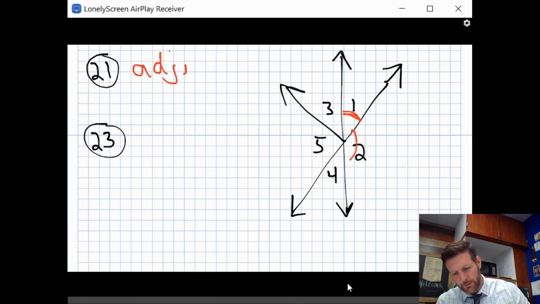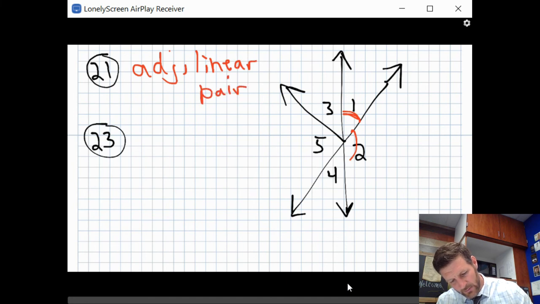Now, do they form a linear pair? Well, you can see, yes, together here, and then here you've got the straight 180-degree line going up and down. So together they do form a line. So yes, they are a linear pair as well. So just a chance to review with you what those two things mean.